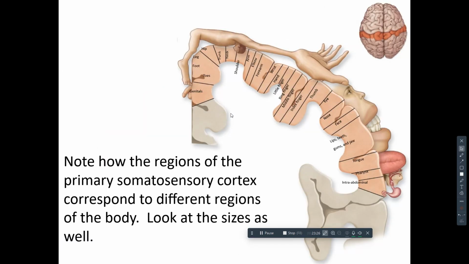Similar to the motor situation, different cortical regions here correspond to different parts of the body, and it is not an equal representation. Areas with a greater degree of sensitivity or a greater number of joints and muscles, and therefore proprioception, are going to be more heavily represented.